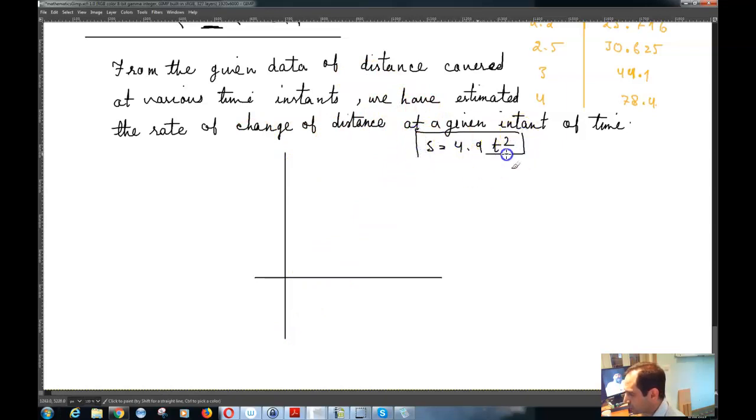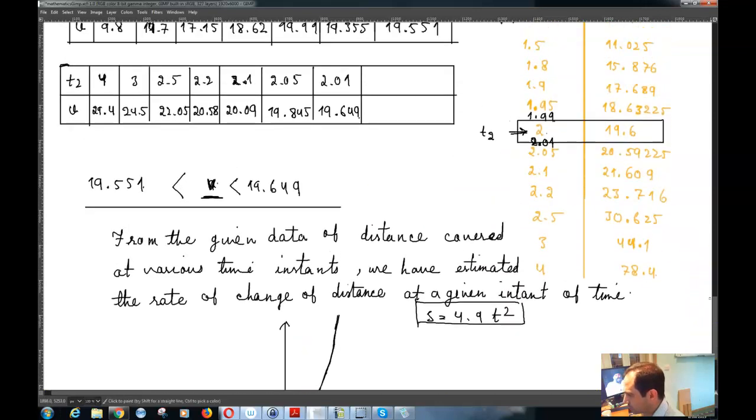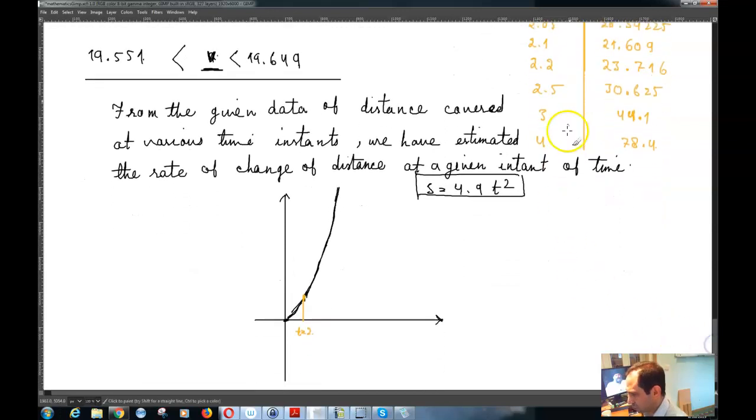If you have this relationship between S and t, suppose that the graph of this function would be something like this. Now what we have done over here is we have taken this point in time, for example, t is equal to 2, and then we have done two sets of calculations.